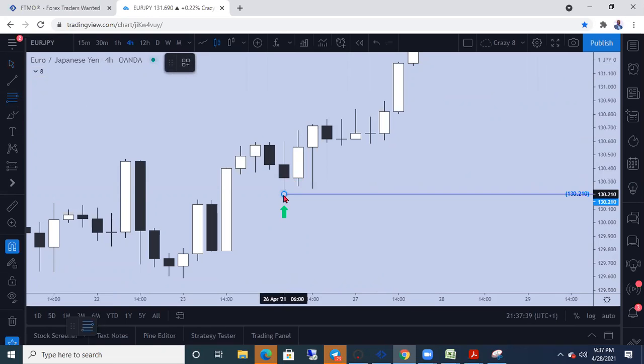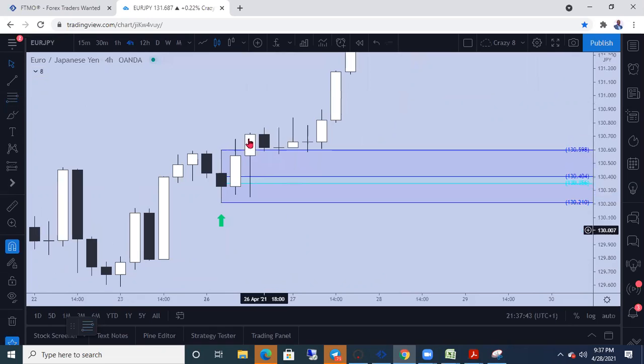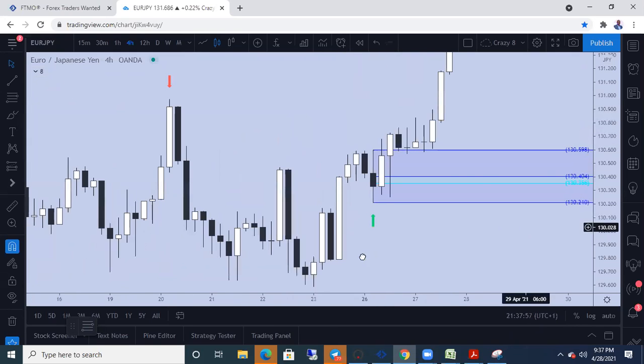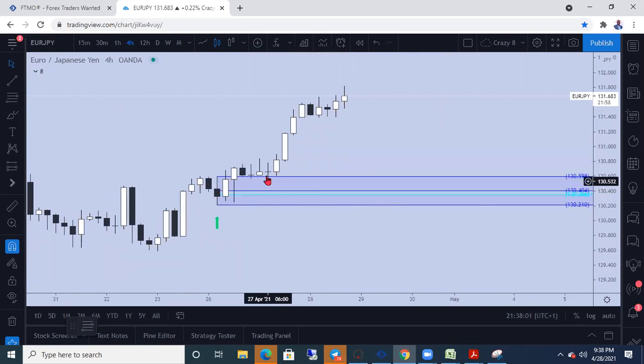So we would fib from this point to this point. This arrow would have appeared after price closed, after this, will I call it a hammer now, formed. Our buyers will automatically become a buy, and we can buy anywhere within this zone.